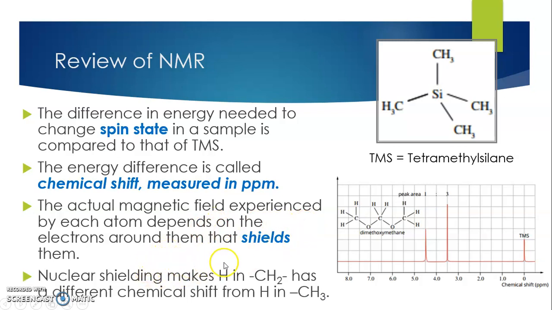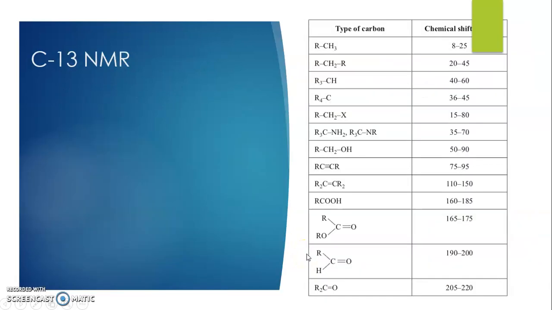Therefore, the hydrogens in a CH2 group will be experiencing a different magnetic field compared to the hydrogens in a CH3 group. As a result, the chemical shift will be different. And this is why we always need to identify the carbon environments or hydrogen environments first before we can actually compare it to the spectra produced.